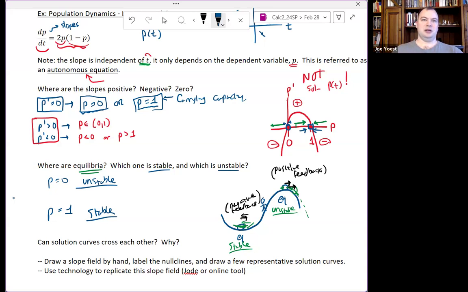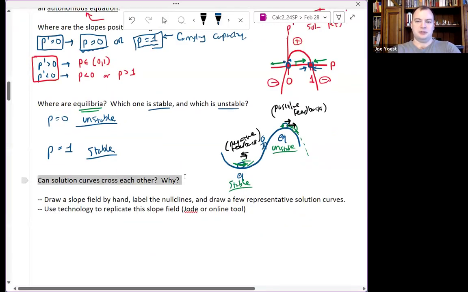If we, for some reason, end up over carrying capacity, maybe a whole new herd of deer moves into an area, and now there are too many deer for the system to support, some of them will die off and bring it back down to carrying capacity.